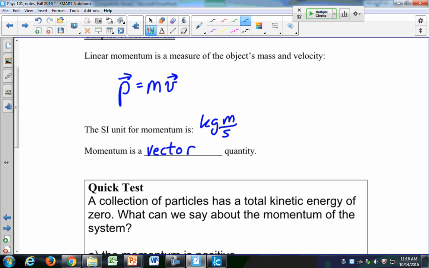I think I mentioned this some time ago, but when Newton first came up with Newton's second law, we write it as F equals ma. Newton actually wrote his second law as F equals dp/dt. Y'all are in calculus, right? When I write dp/dt, what does that mean? The derivative, right?